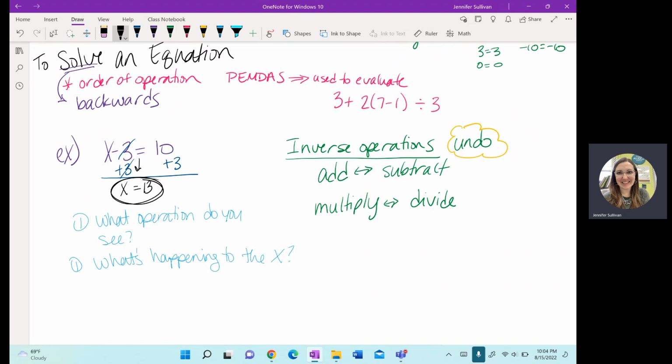And not only that, if I were to take 13 and plug it back in for the x in my original equation, so let's say 13 minus 3 equals 10. Is that true? Well, what is 13 minus 3? 10. So 10 equals 10 is a true statement.